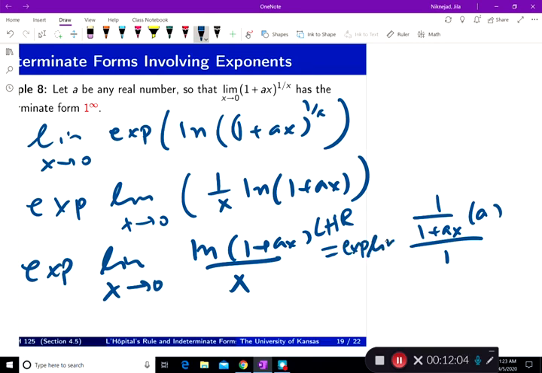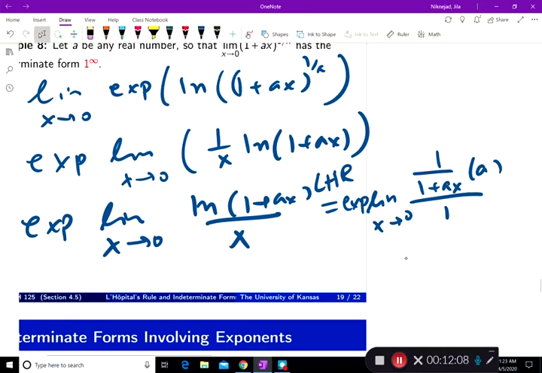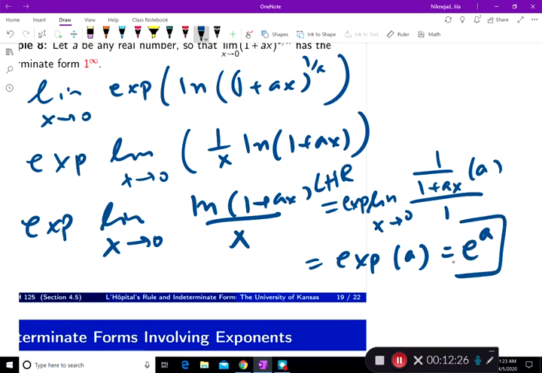So limit x goes to 0. And if I plug in 0, what I end up with is exponential of basically 1 times a divided by 1, and that's a. So it's going to be e to the power a, and that's the limit.